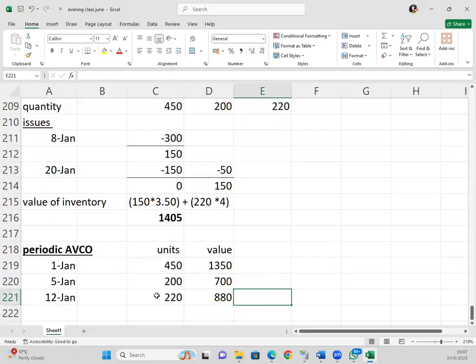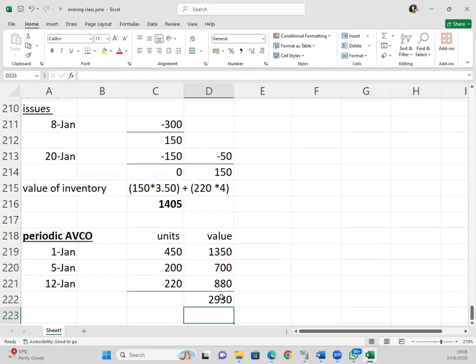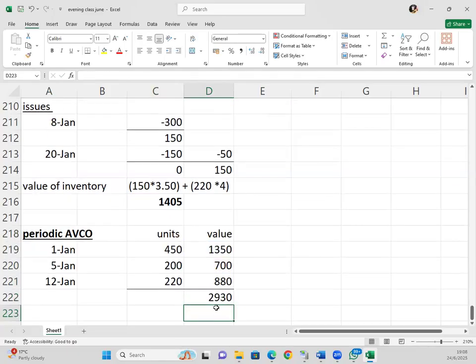So AFCO, we first of all want the average. So the AFCO is saying for all the units we bought, if we add up what we used to buy all these units, that's 1350 plus 700 plus 880, so it's 2,930.